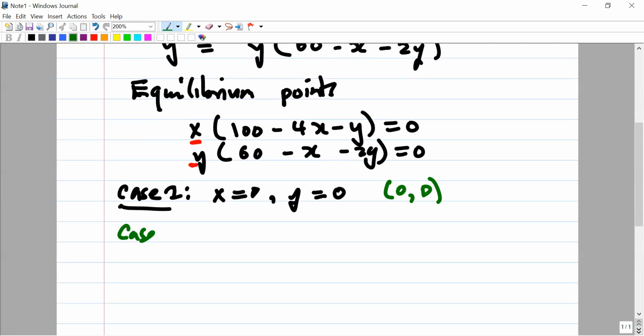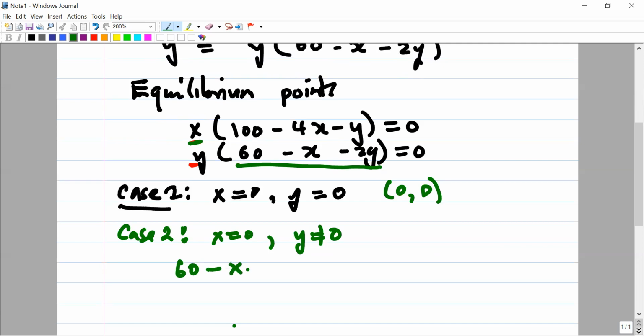Then the second case, we are saying x is equal to 0, but y is not equal to 0. So now if we take x equals 0 here, the first equation is satisfied, it's going to be 0. But if y is not equal to 0, we are forced to take the other one equal to 0. So this means 60 minus x minus 2y equals 0.